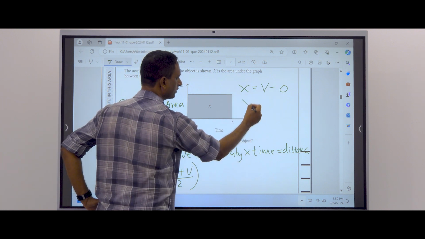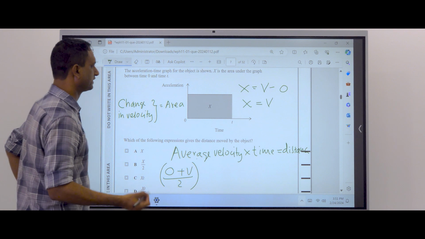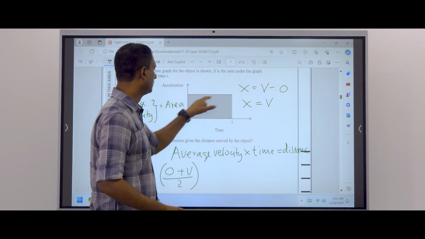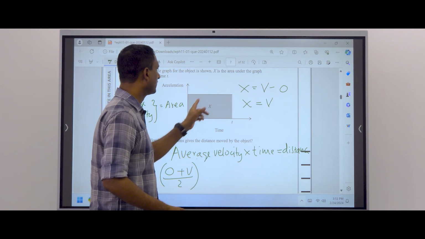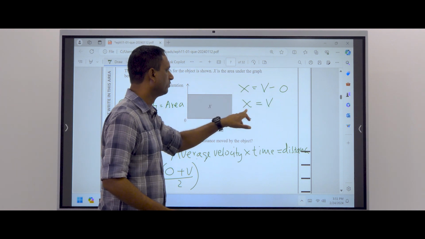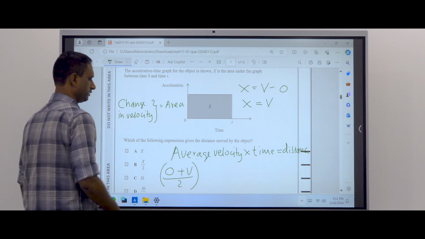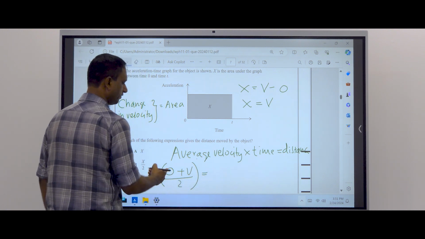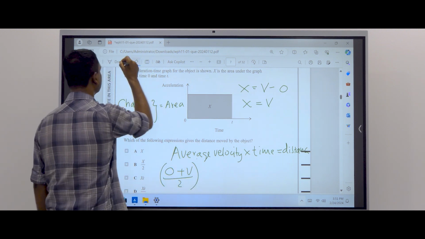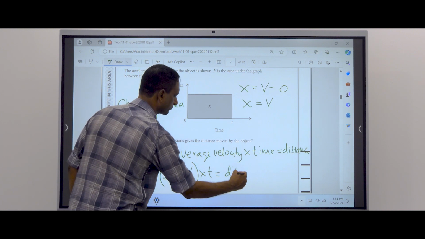Here we found x is equal to v. The final velocity is x, because the area under the graph is v minus 0, which is v. Average velocity multiplied by time gives the distance.